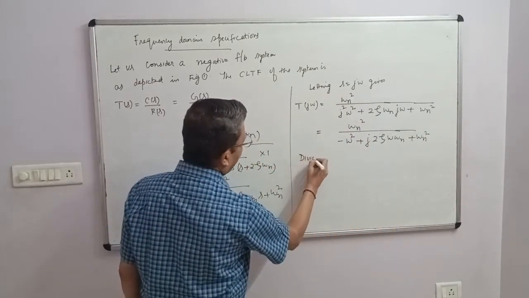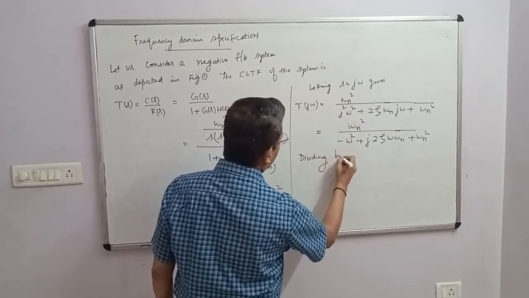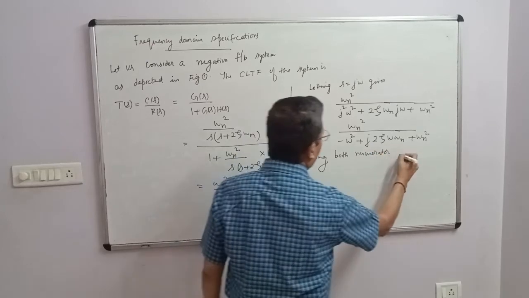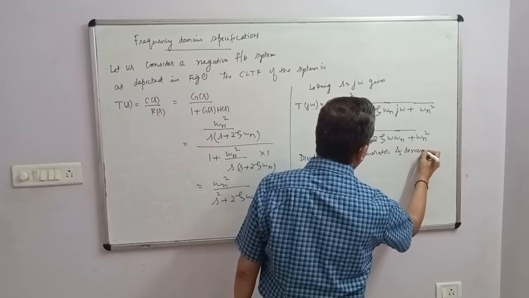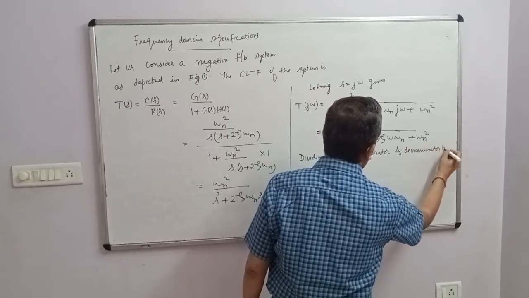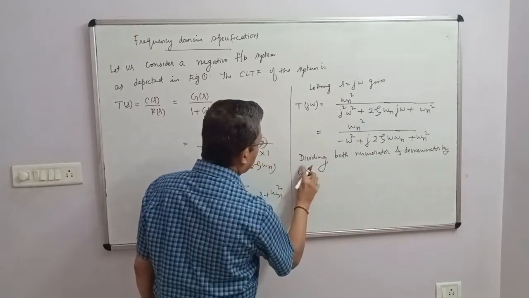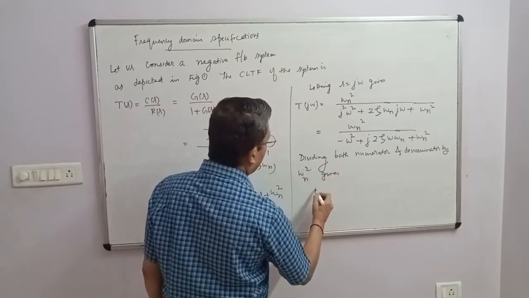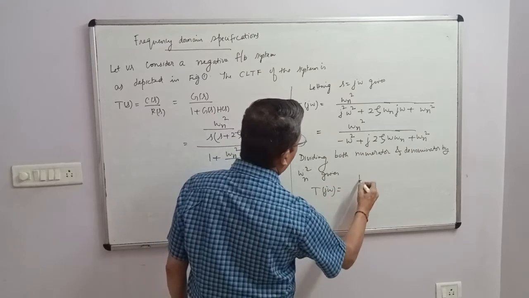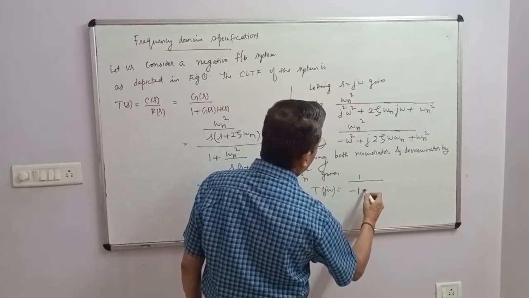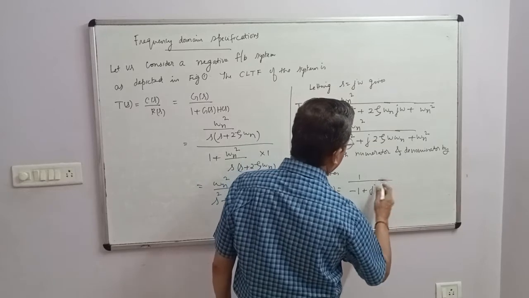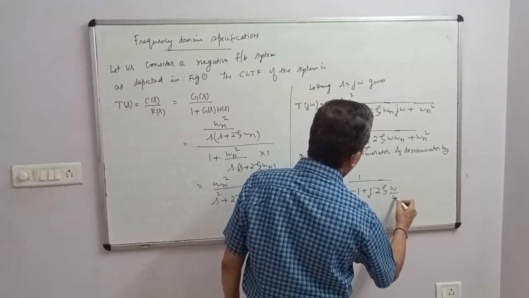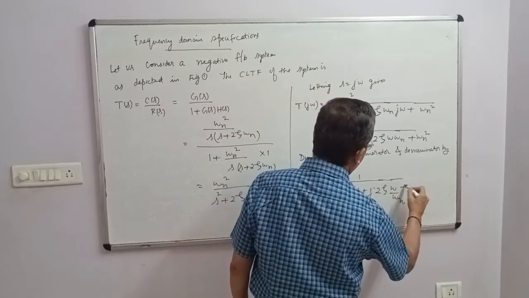Dividing both numerator and denominator by omega n square gives T of j omega is equal to 1 over minus omega square by omega n square plus j times 2 zeta omega by omega n plus 1.